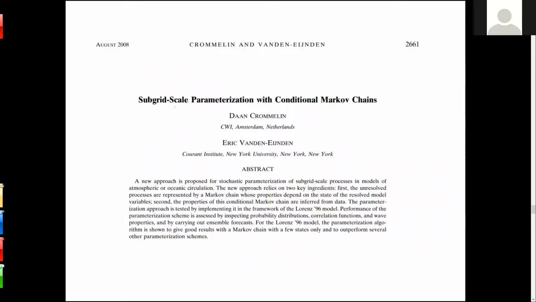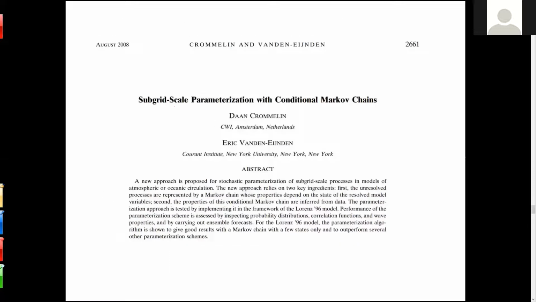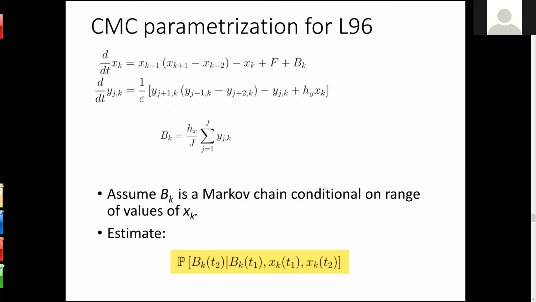Another data-driven method. So this is purely empirical. This is the conditional Markov chain. Instead of representing them by, say, polynomial regression plus noise process or other time series models, BK is taken to be a Markov chain.